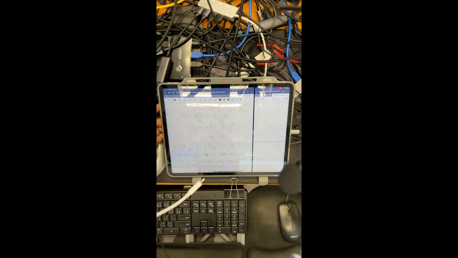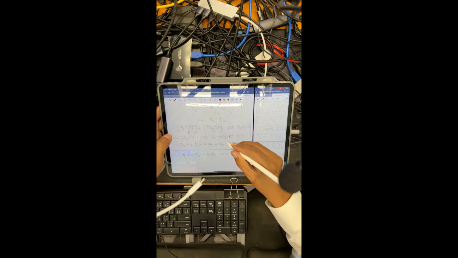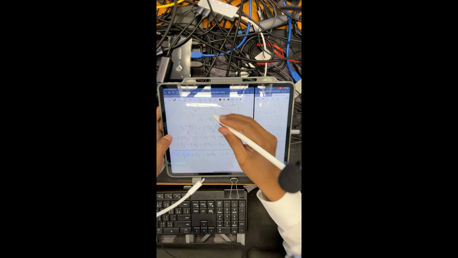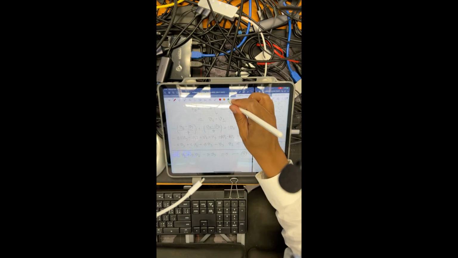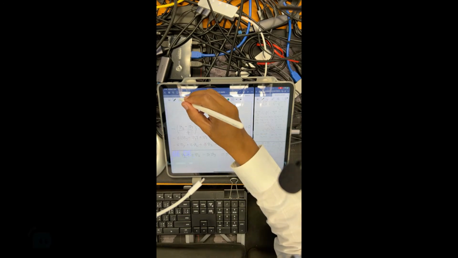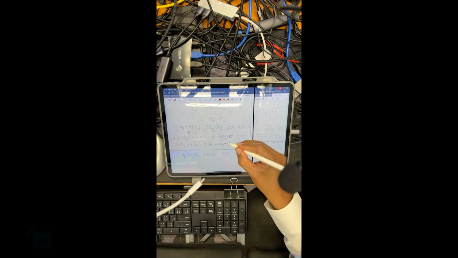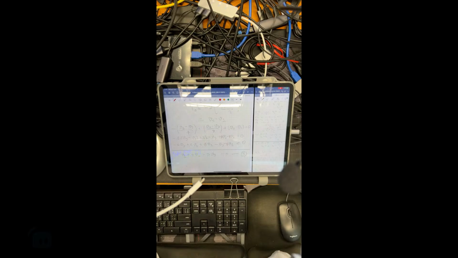V2, 9 V2, minus 8 V1 right here, and what else?